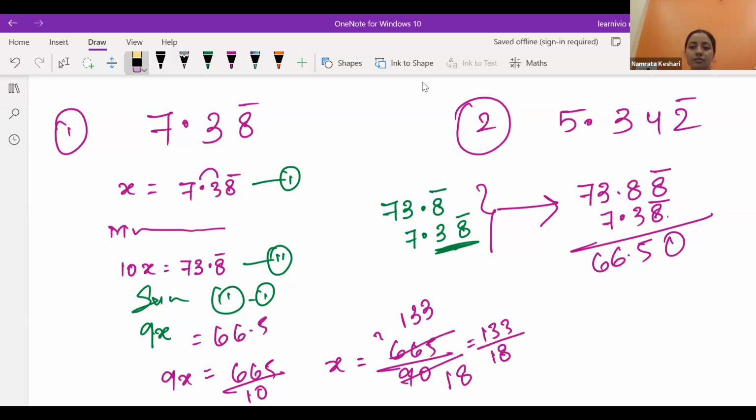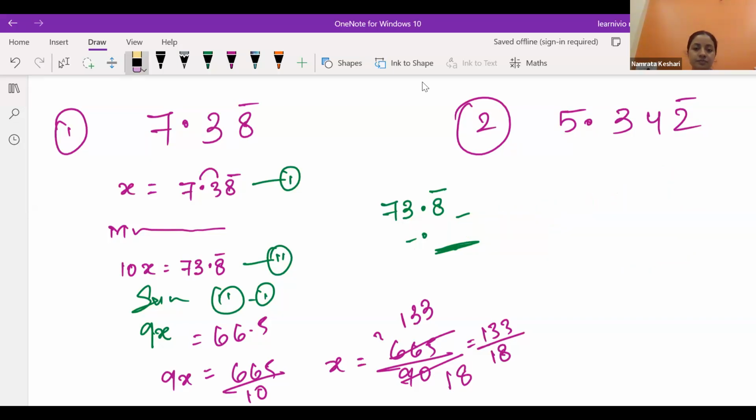Okay, let's do the second one. Here also just one digit is repeating itself, so multiplying both sides by 10.